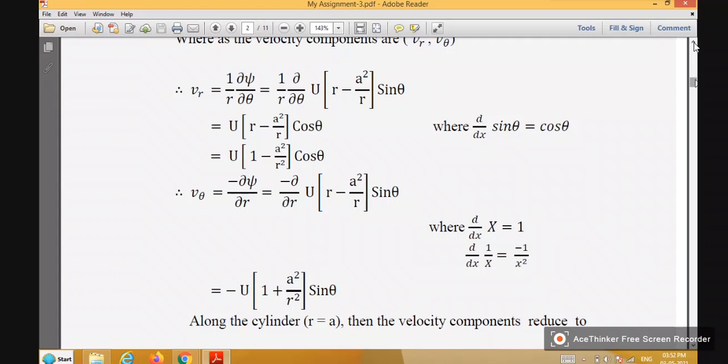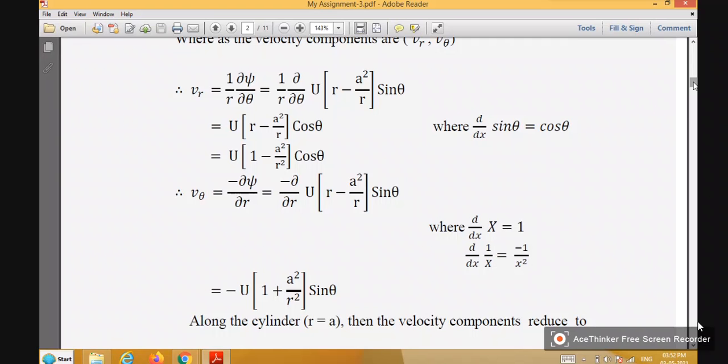Substituting a equal to r in that expression, the value in the brackets will be 0. So VR is equal to 0. So you should know how it has become 0. That is my concern.